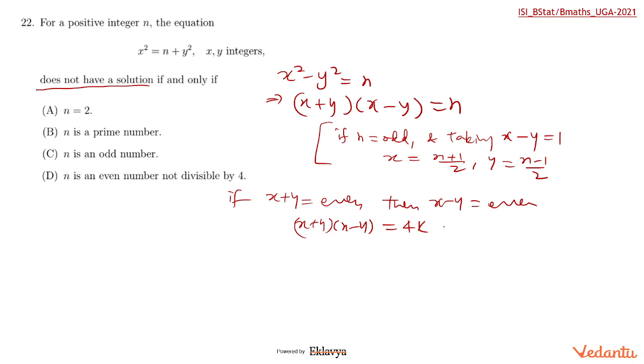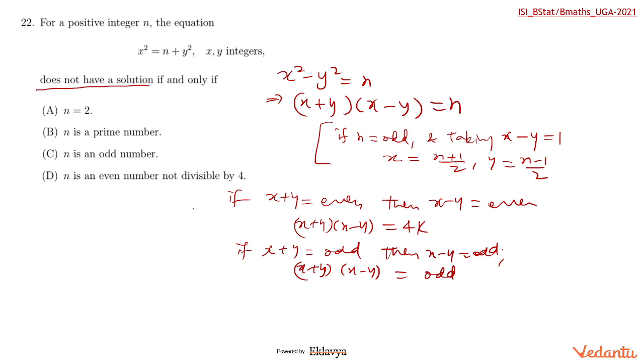And if x plus y is odd, then x minus y is also odd, and then x plus y into x minus y would be odd. So there is no case in which the product is 4k plus 2 type.